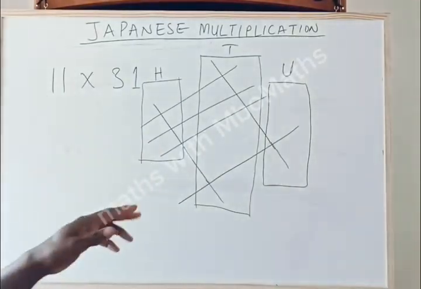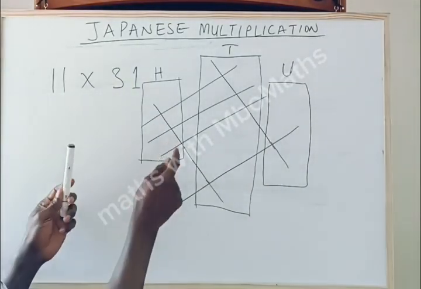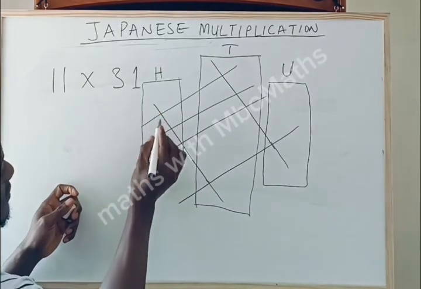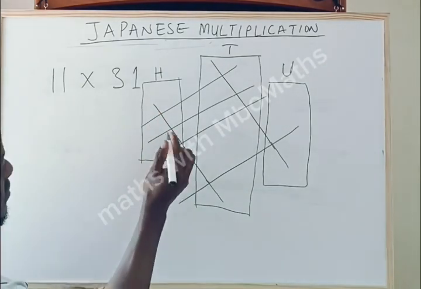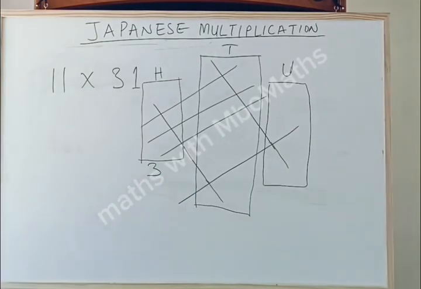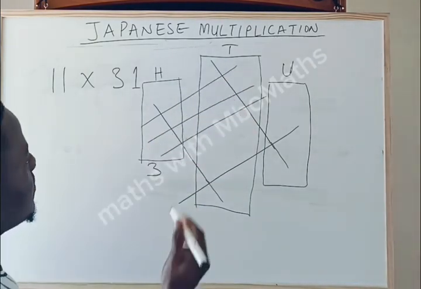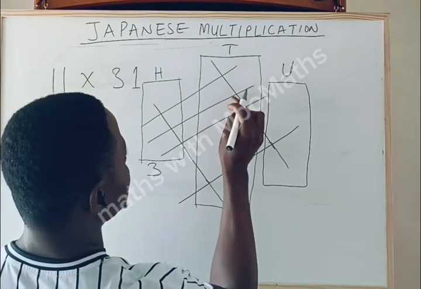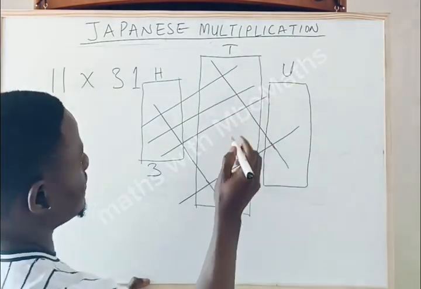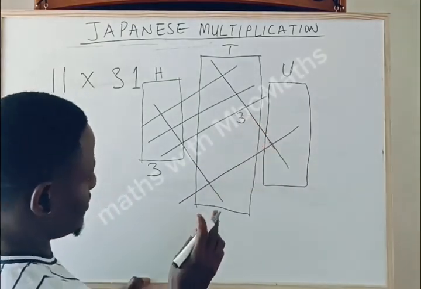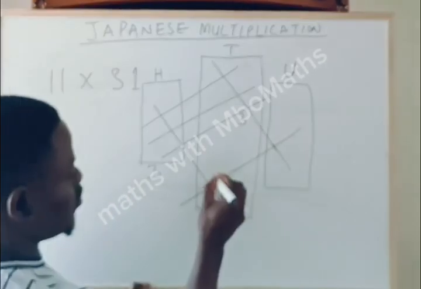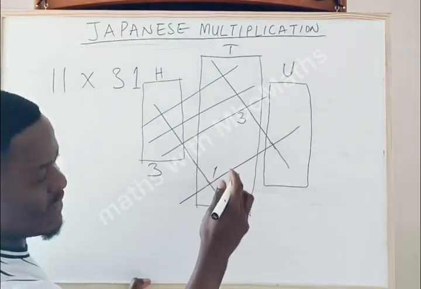So we go, all right. How many intersections do we have here? We have 1, 2, 3. 3 intersections. We write our 3 down. How many do we have here? We have 1, 2, 3. Right? We write 3 down. Down here we have 1. So these two go together.